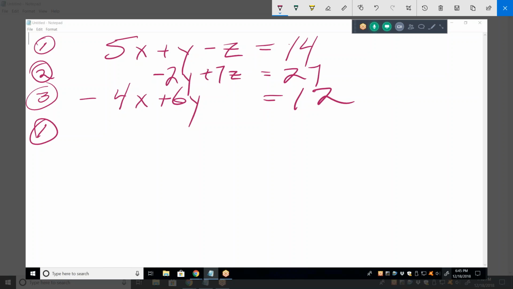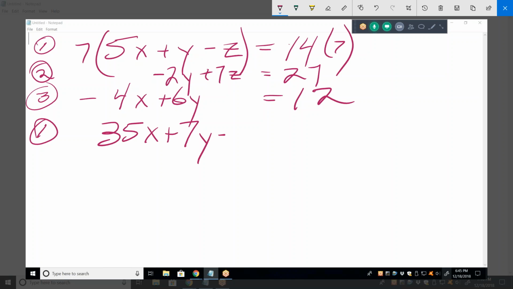So how am I going to eliminate z using equations 1 and 2? By positive 7, okay. Which turns it into 35x plus 7y minus 7z equals 98.